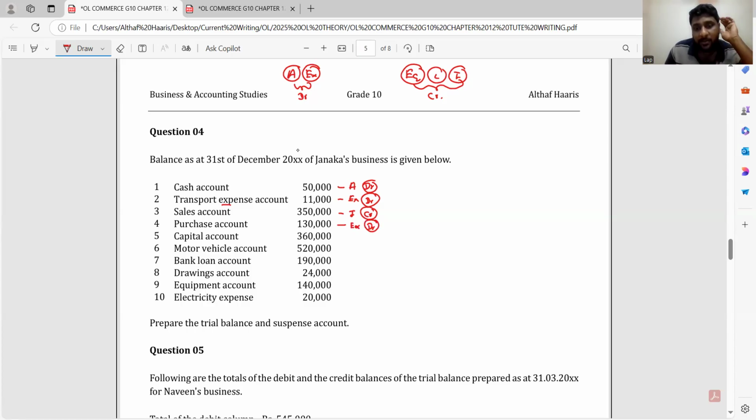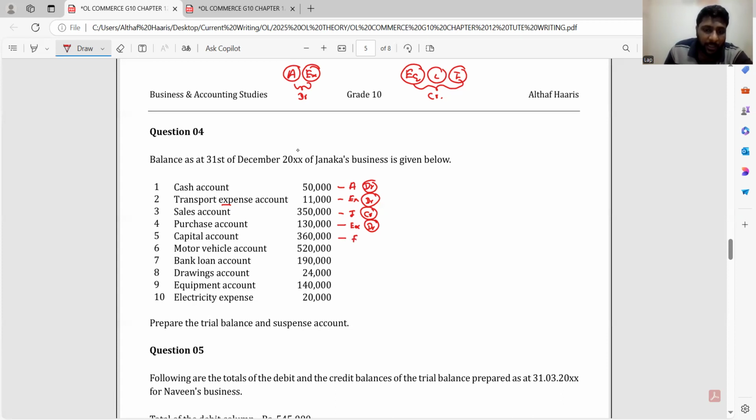Don't forget. In the accounting equation, purchase of the stock is asset. That is only in the accounting equation chapter. After that, when it comes to the double entry system, purchase of stock is an expense.